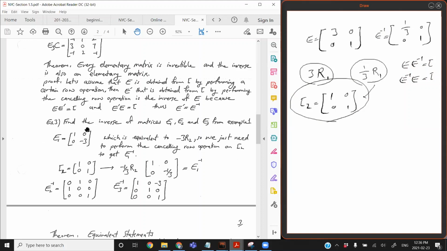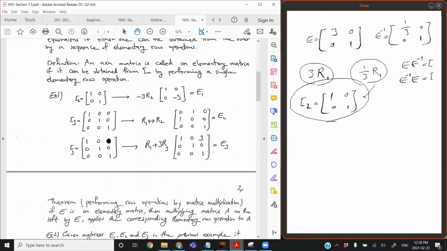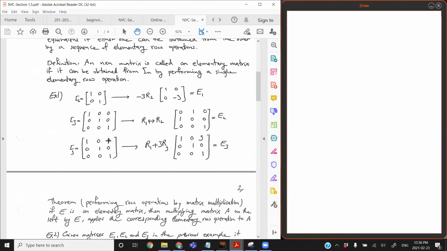So in example 3, it says find the inverse of matrices E1, E2, and E3 from example 1. So let's do that. E1 is corresponding to this row operation, 3, row 2. The canceling row operation to 3, row 2 would be 1 over 3, row 2. So I'm going to perform this row operation on I, and that will give me the inverse of E1.